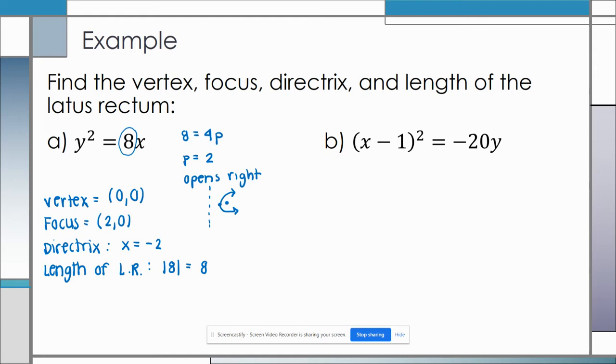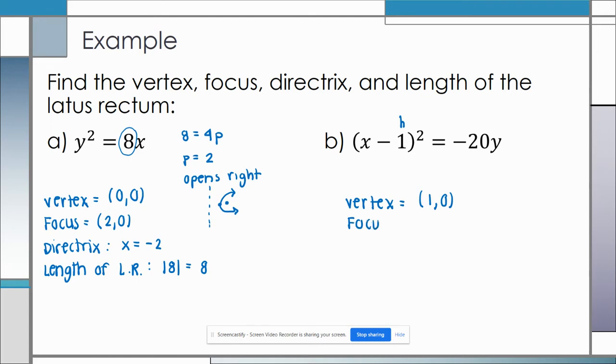If we move on to part B, I want the vertex. And notice that this time we have a number that's in parentheses with the x. So that represents the h value of my vertex. I change the sign, it turns to +1. Since there's nothing in parentheses with that y value, it's going to stay 0. So there's my vertex.